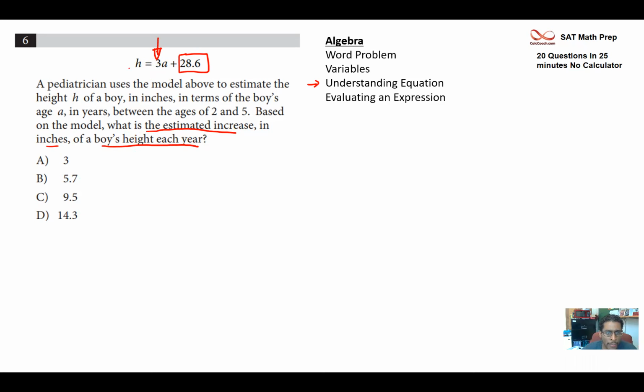And so maybe 3 plugged in here, solve for A. Anyway, it is not meant for you to actually solve this equation. Read through the word problem and understand that it looks like a linear expression, and the rate of change, the estimated increase, would be like what the slope is. Okay? Trick question there. Don't let them fool you.